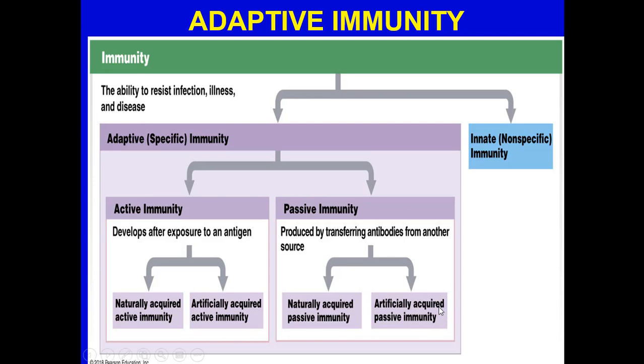Artificially, there's a lot of people that sometimes get a spider bite from a black widow or a rattlesnake bite, and they're given these antibodies that will bind to the venom and purge the venom, and they will have some type of short-term immunity against the toxins from the venom of either the spider or the snake. Okay.